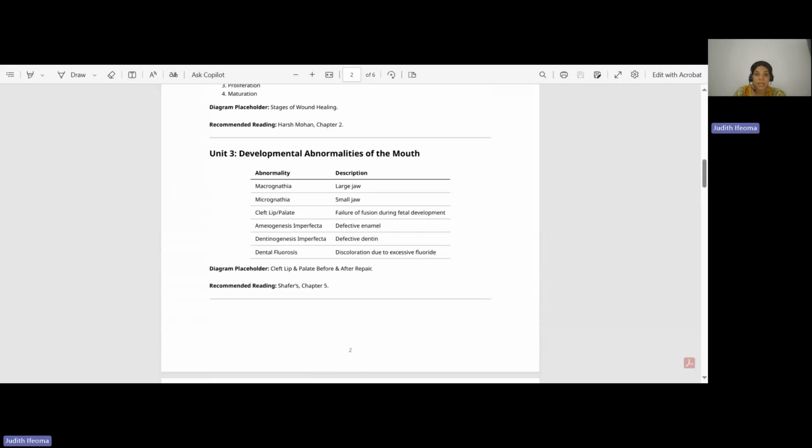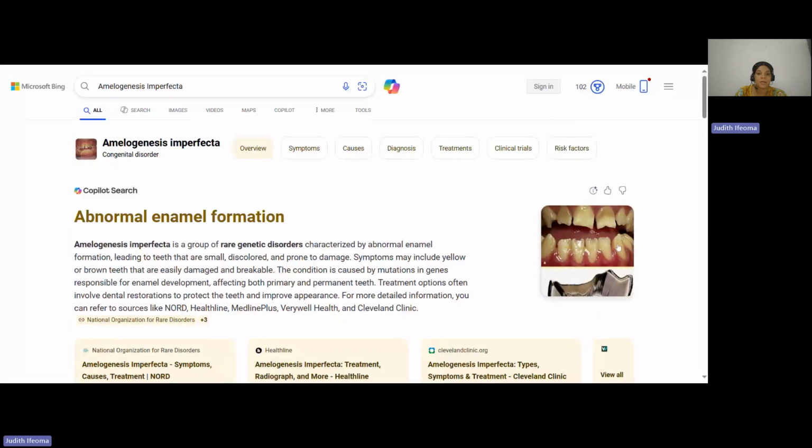Let me show you an image. Let me share with you. We have here an example.